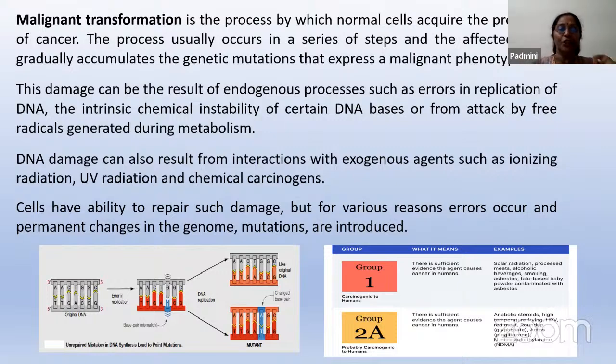The cells usually have the ability to repair such damage, but for various reasons errors can occur, leading to a permanent change in the genome. Mutations are introduced. If there's a permanent change in the genome, then you're going to have different types of proteins, which will reduce the cell repair and lead to mutations.